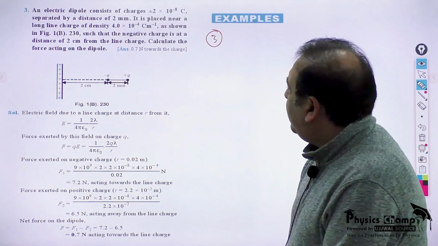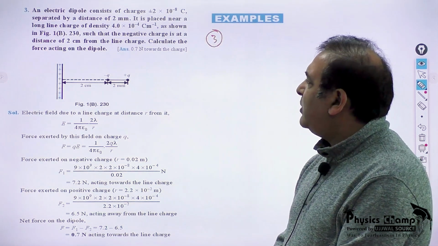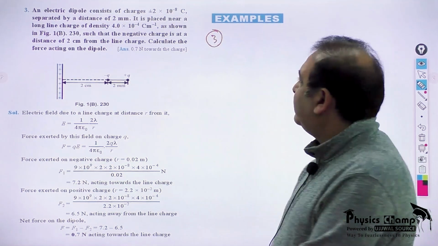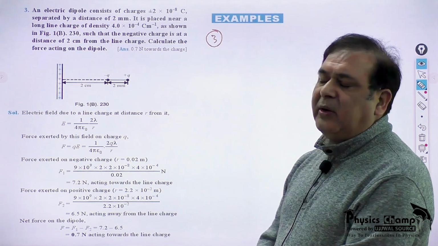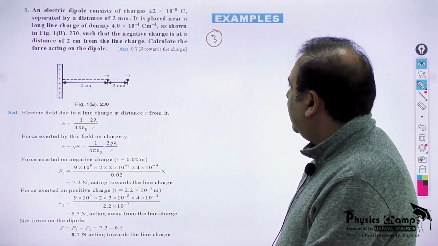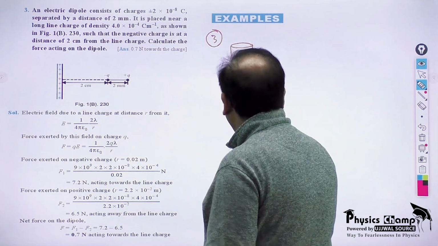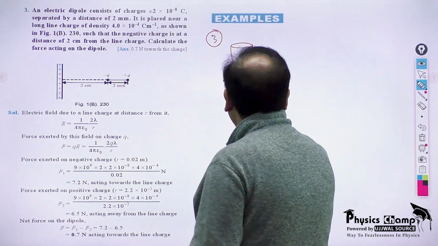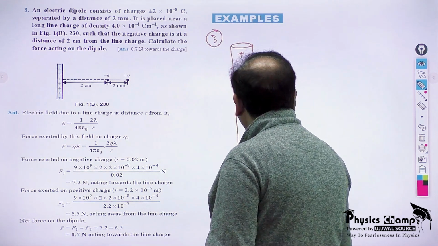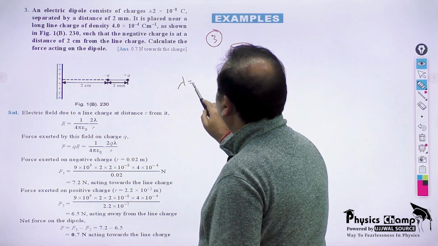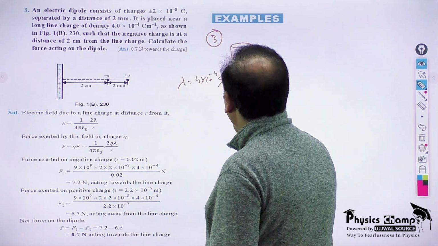An electric dipole consists of charges plus minus 2 into 10 to the power minus 8 coulomb separated by a distance of 2 millimeter. It is placed near a long line charge of density 4 into 10 to the power minus 4 coulomb per meter. So here you have a long line charge and it has a linear charge density 4 into 10 to the power minus 4 coulomb per meter.